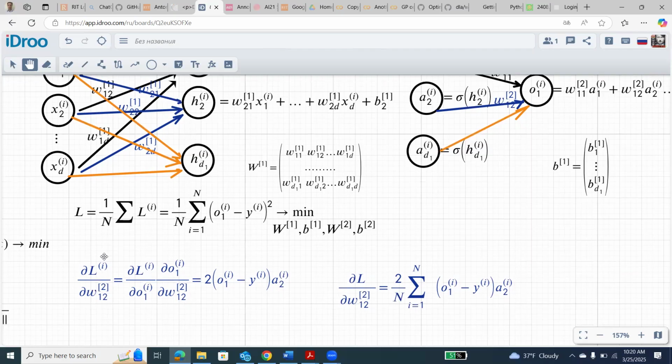So now let's calculate the derivative with respect to a parameter from the first layer, a little bit deeper, with respect to B2, with respect to this number, B2.